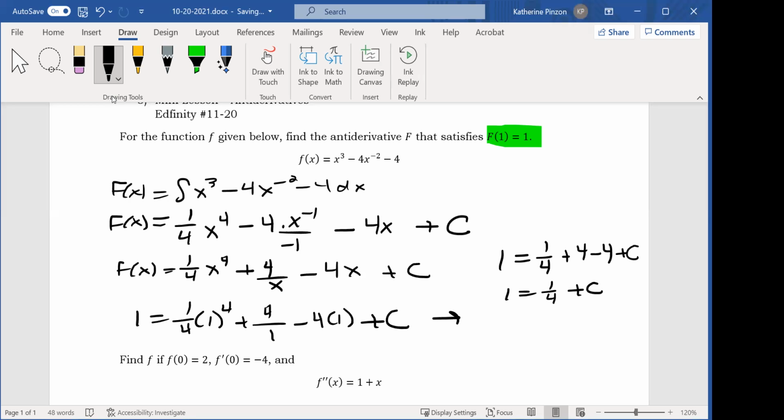I'm going to subtract 1/4 from both sides, and I get c equals 3/4. So my function is f of x equals 1/4 x to the 4th plus 4 over x minus 4 times x plus 3/4.